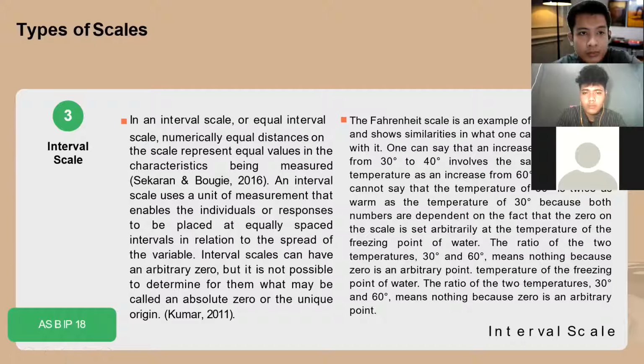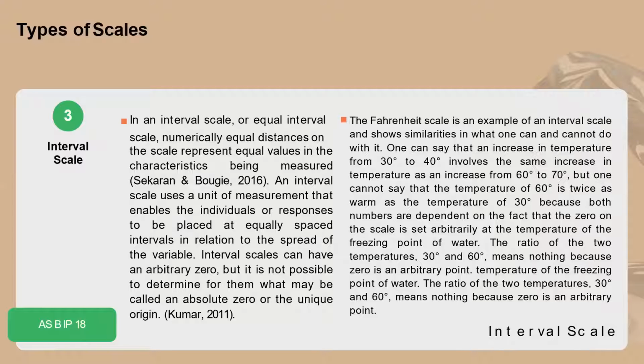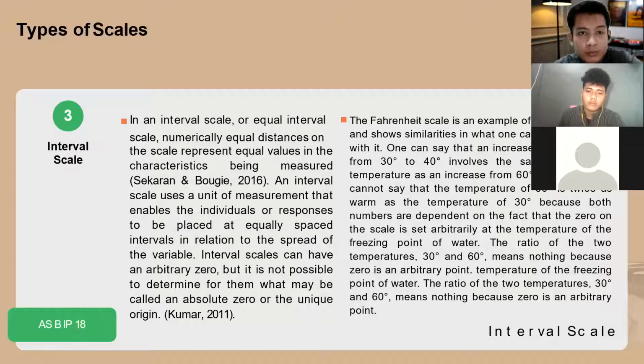The Fahrenheit scale is an example of an interval scale and shows similarities in what one can and cannot do with it. One can say that an increase in temperature from 30 to 40 involves the same increase in temperature as an increase from 60 to 70, but one cannot say that the temperature of 60 is twice as warm as the temperature of 30, because both numbers are dependent on the fact that the zero on the scale is set arbitrarily at the temperature of the freezing point of water.